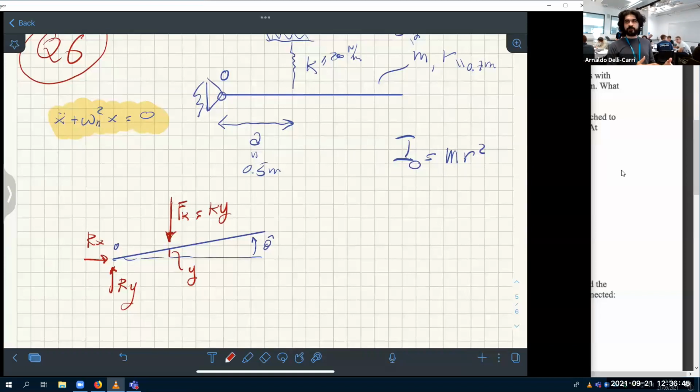Again, sum of forces equal to 0. So we know that Rx is 0, Ry is equal to Fk, but we don't care about this. We care about the sum of moments. We said it's a rotational problem.